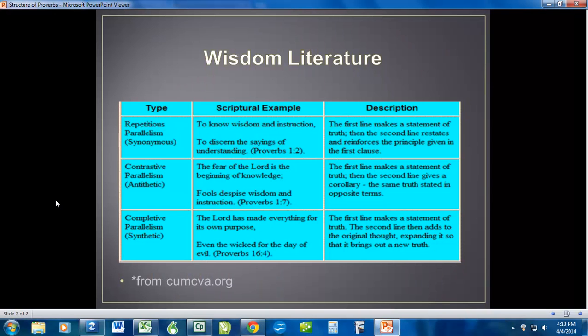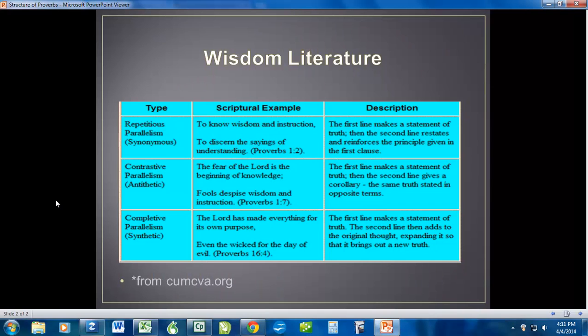Take the example in Proverbs 1:2. He's calling it wisdom and instruction, and in the second line he calls it the sayings of understanding. Right off the beginning, it seems like he's saying that the sayings of understanding are really a combination of wisdom and instruction.